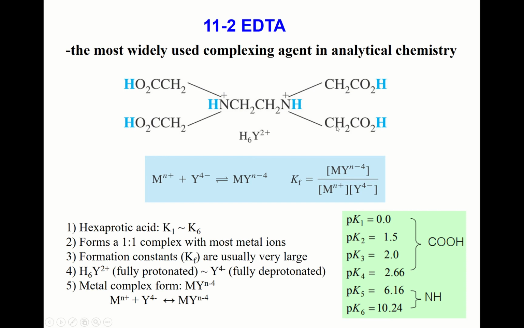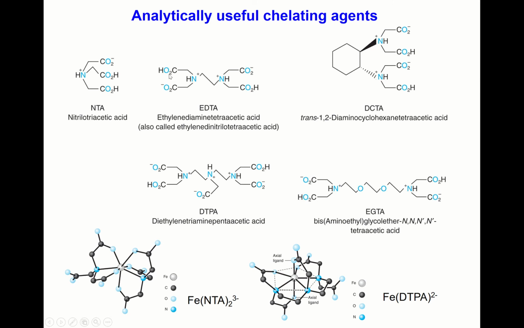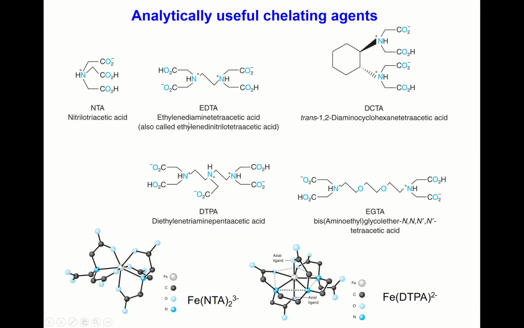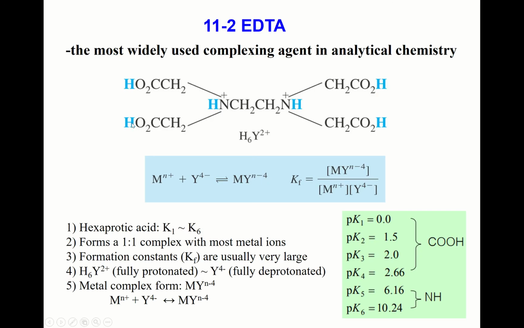For example, this is a neutral EDTA. Although it has two negative charges on the carboxyl groups, there are also two positive charges on the amine groups. But if the solution pH is quite low, in a strongly acidic solution, the two oxygen atoms are protonated, so the total charge is plus 2.